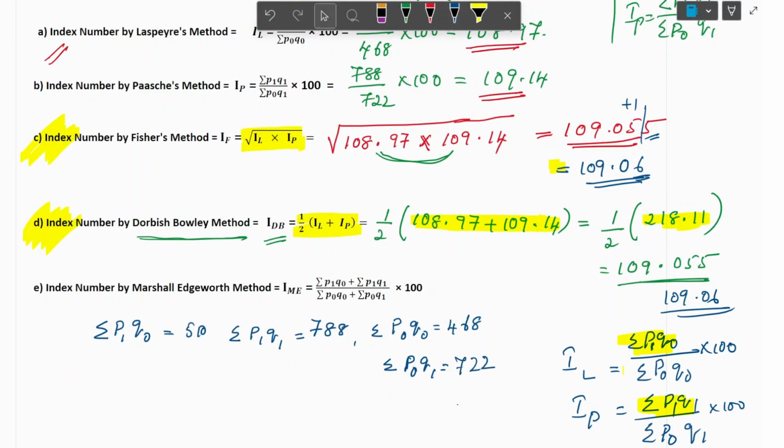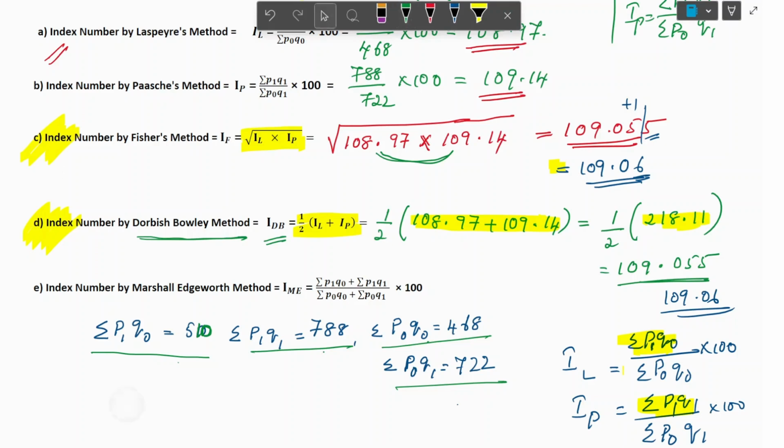Write this value properly. This is not in order, okay? This is the value after the fifth column, sixth column, this is your eighth column, this is your seventh column, and this is your last column, the ninth column. Therefore, we have written the values here: 510, 788, and then 468 and 722.